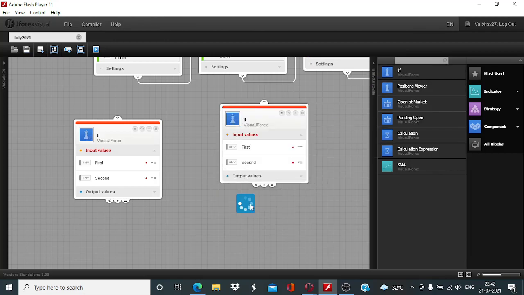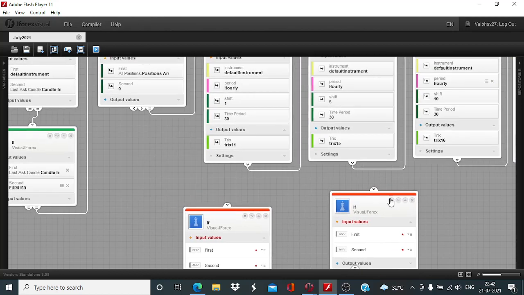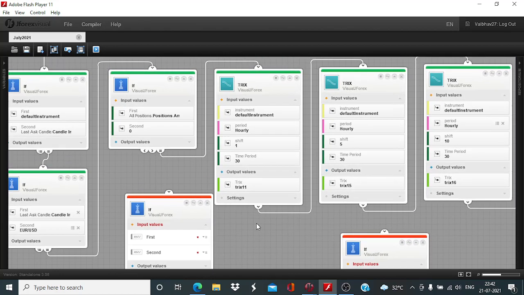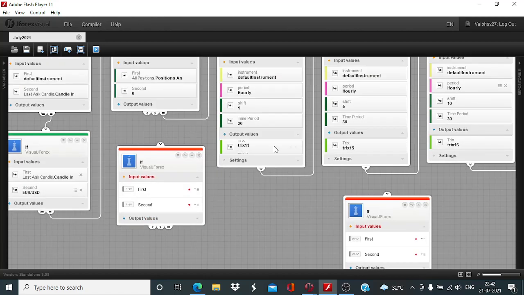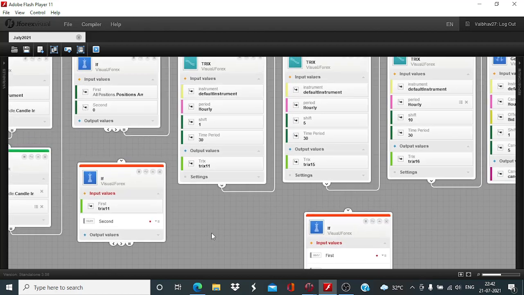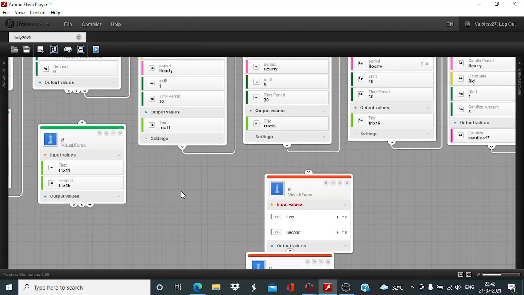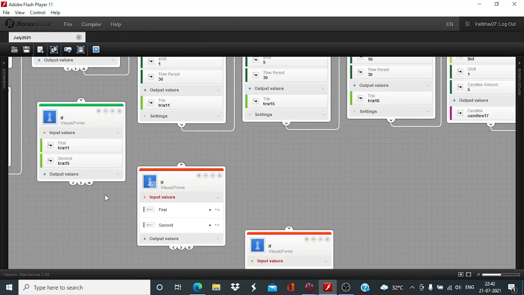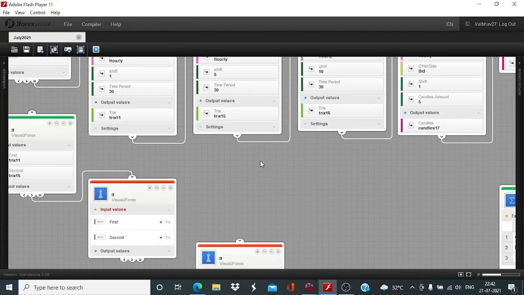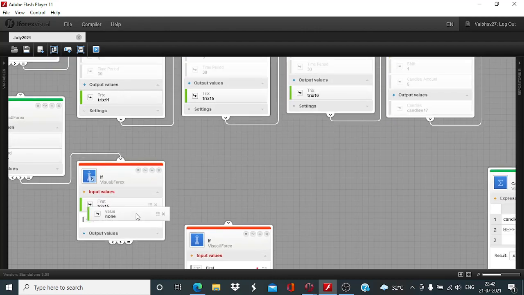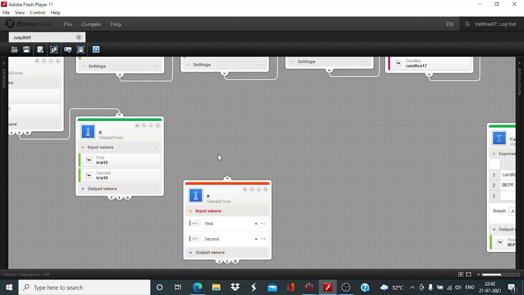And I will first take 3 blocks, if else, and we have this output TRIX, which needs to be higher. So we have to take first input greater than second input, and this one first input less than second input.